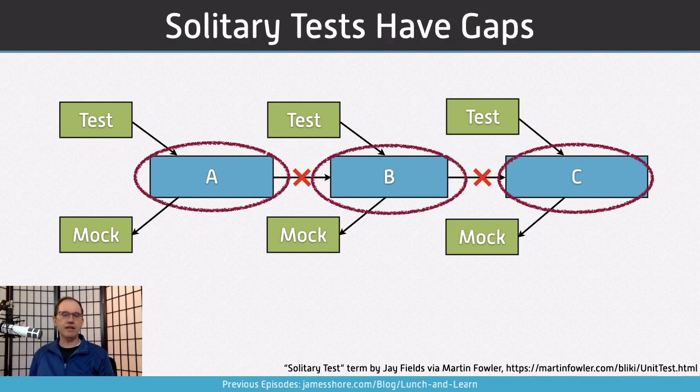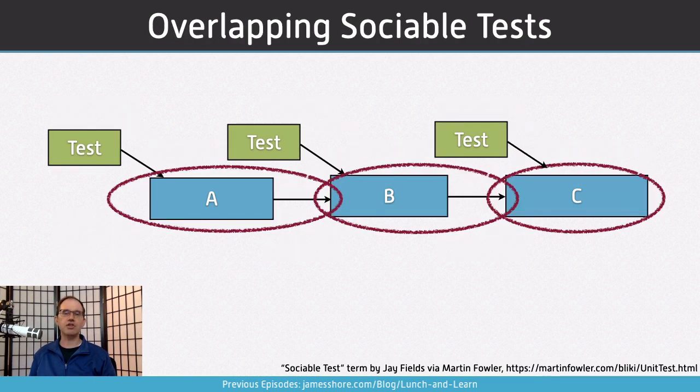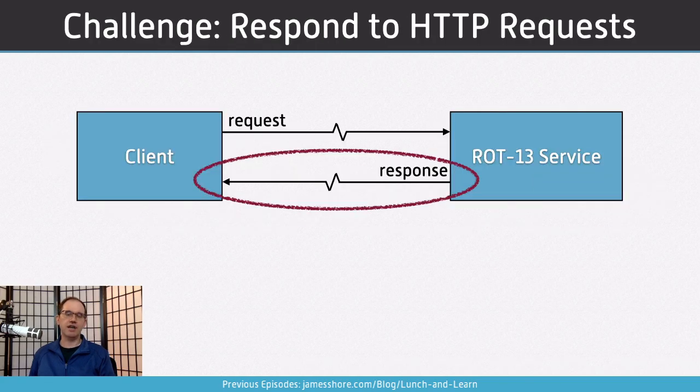So instead of using mocks, we are using sociable tests, overlapping sociable tests. They are unit tests that check that our code works and also check that not only does it call the dependencies, but it calls the dependencies correctly. And that has a lot of value. So that's what testing without mocks is all about. That's what this microservices without mocks exercise is all about.